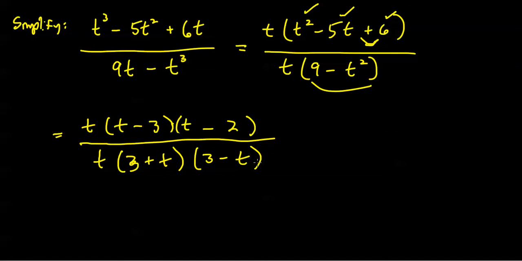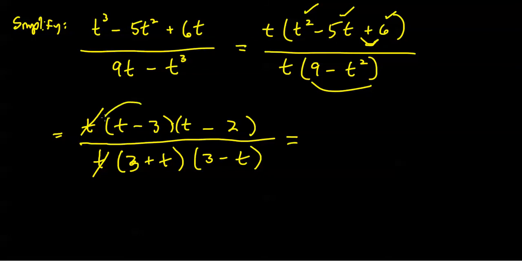Okay, now I've reduced each polynomial to a product of prime factors, and now I can go ahead and cancel out the common factors or the opposite factors, as the case may be. T's are common factors of this product chain, so I'll cancel them out immediately.